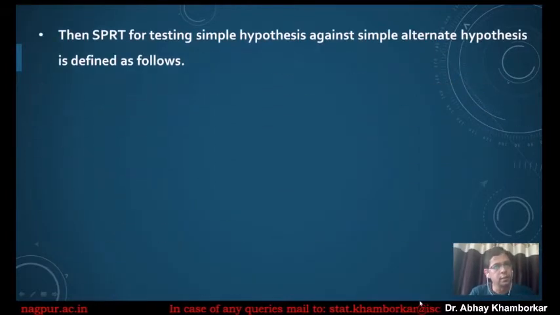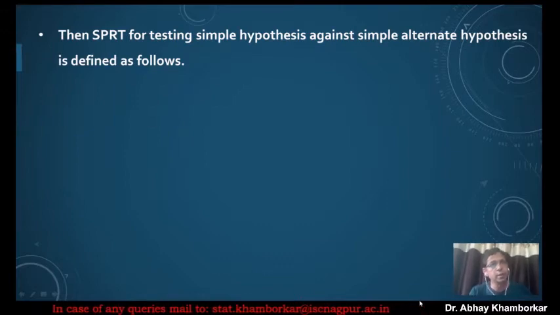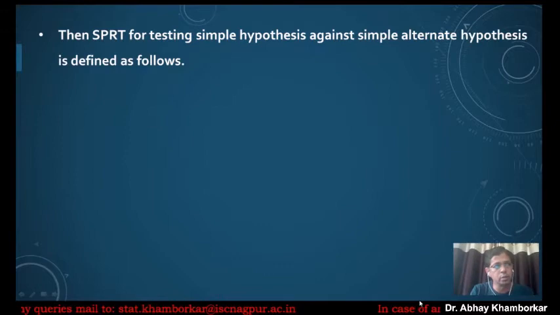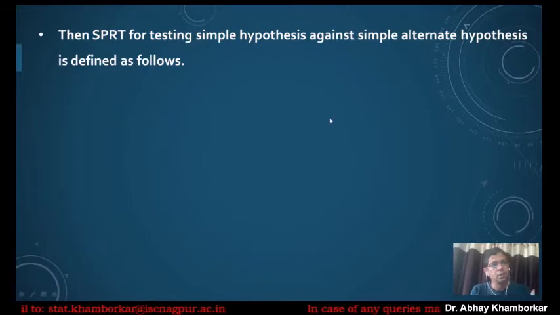Then SPRT for testing a simple hypothesis against a simple alternative hypothesis is defined as follows. Please remember that SPRT is a sequential testing procedure. That means we are going to take 3 decisions and not 2. Even though we are testing a simple hypothesis against a simple alternative hypothesis, 3 possible decisions are there.